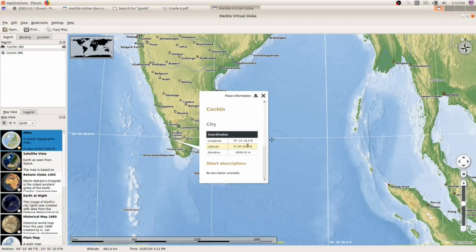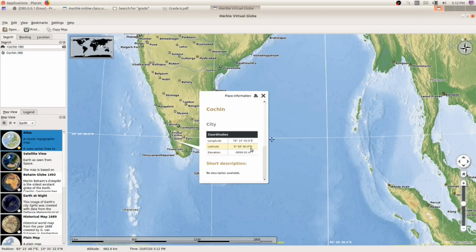So for your information, it is reading like this: 76 degree 14 minutes 0 seconds E stands for east. Okay, so what is the latitude? 9 degree 58 minutes 0 seconds N stands for north.